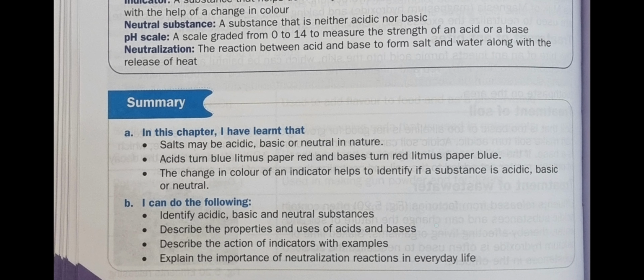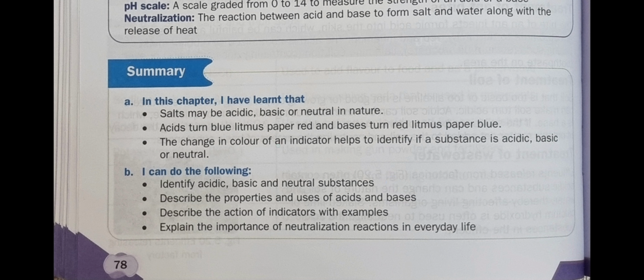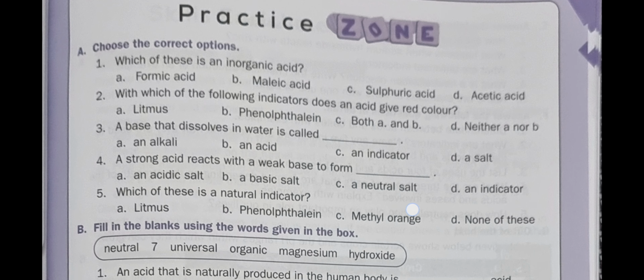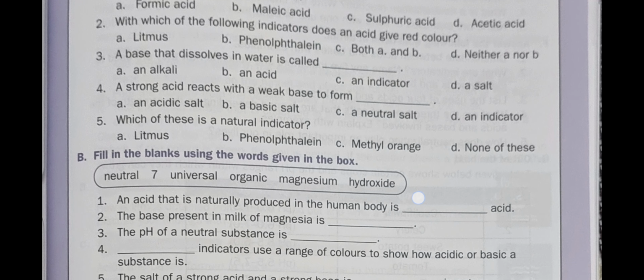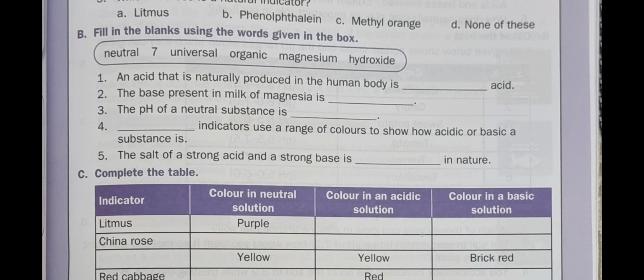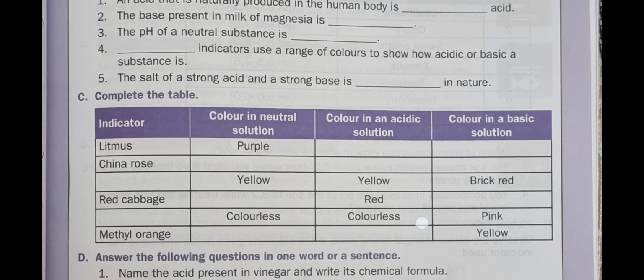And the summary of this chapter you can see here. And this is the practice zone. Practice questions are given here. You see the questions and try to attempt them. Read the lesson carefully and try to attempt these questions.